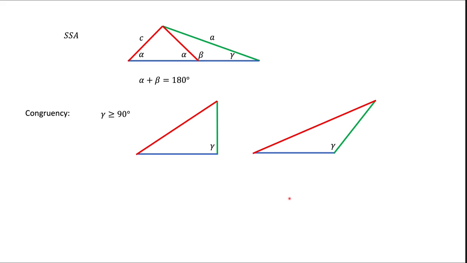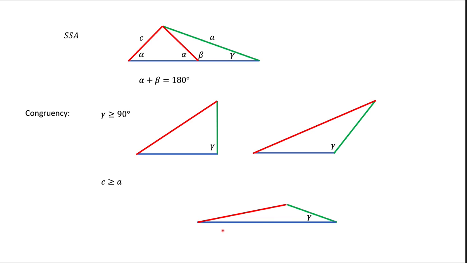And that's the case when side C is greater than or equal to side A. Now this condition is automatically satisfied for gamma greater than or equal to 90 degrees. But it's not always true when gamma is less than 90 degrees. But when it is, like here, there's only one way to put this red side.